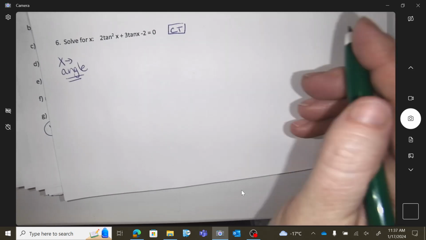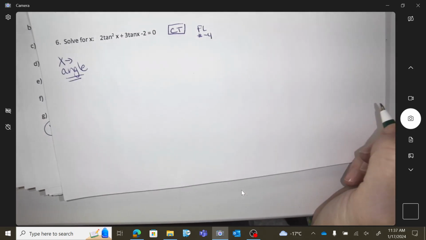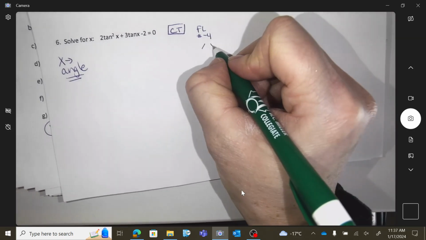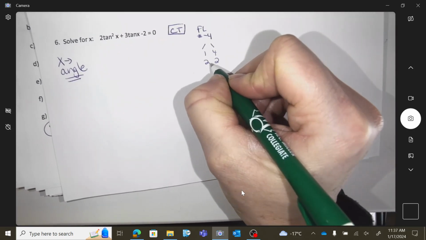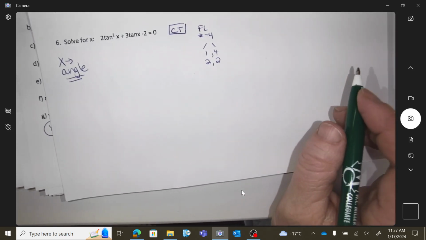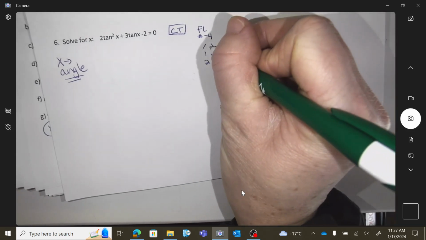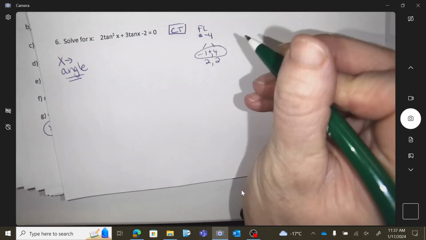Okay, we are going to FLA number it, which is -4. So what do you want to do to get the 3? Do you want to use a 1-4 or a 2-2? 1-4.